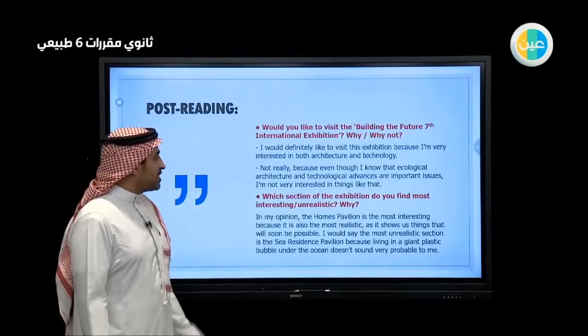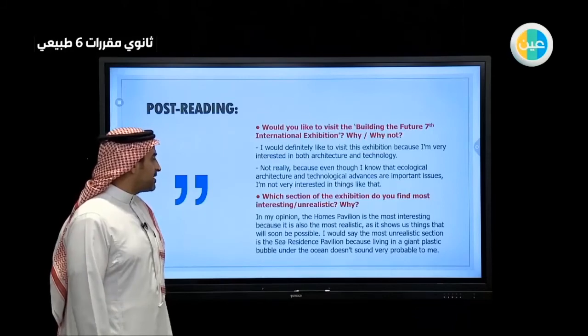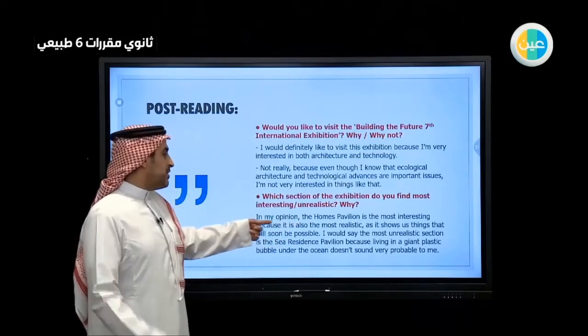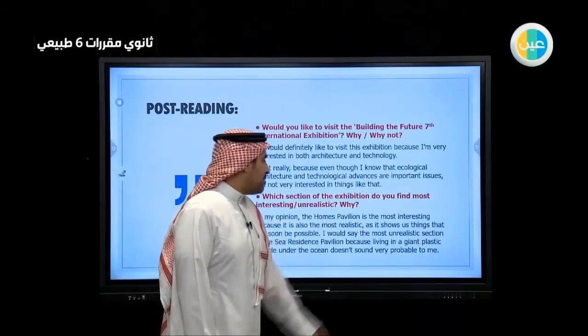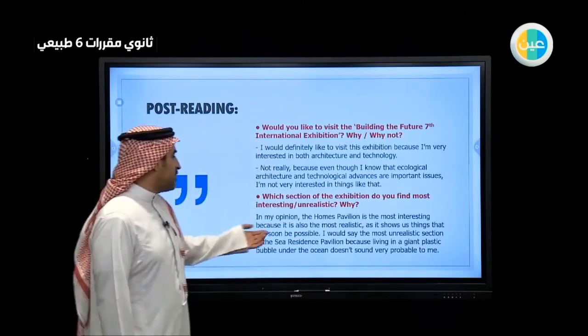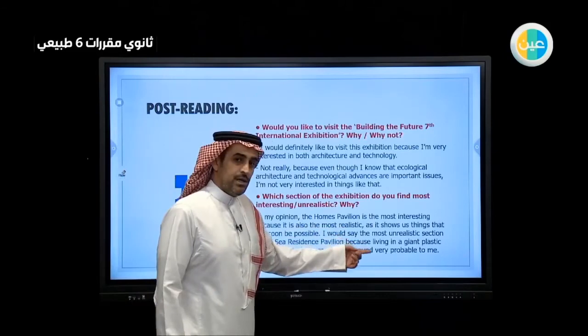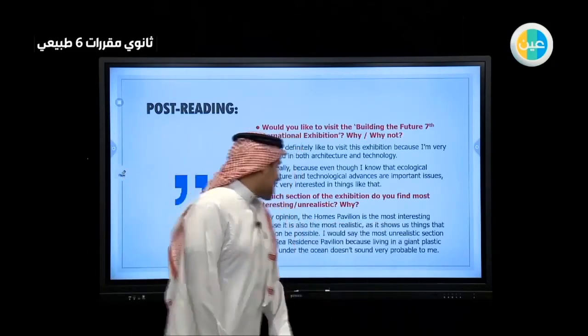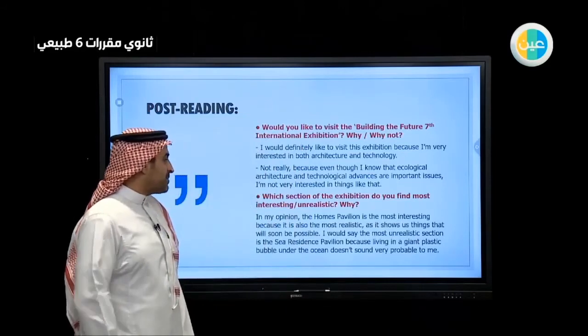Second question, which section do you find most interesting? Give me your opinion also here. The homes pavilion is the most interesting because it's also most realistic. We can live it, as it shows us things that will soon be possible.